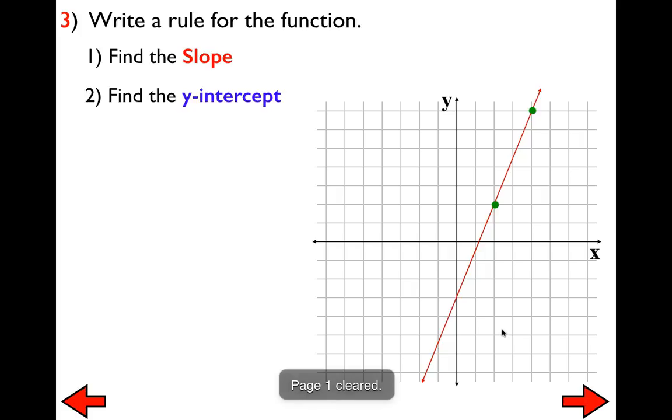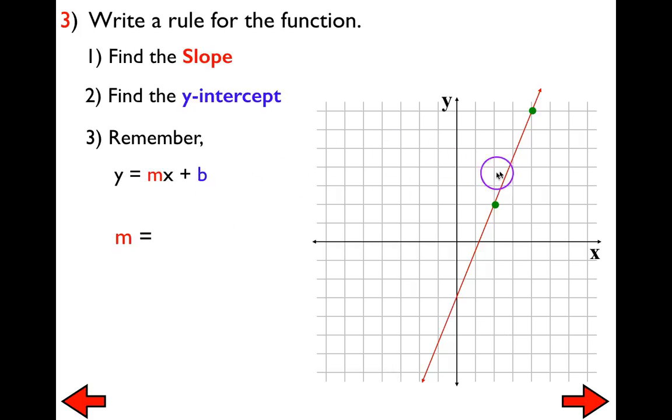So hopefully you went ahead and found the slope. In this case, my slope is going to be positive. It's going up 1, 2, 3, 4, 5. So that's a positive 5. And then my horizontal change is 1, 2. Since it's going to the right, that's a positive 2.